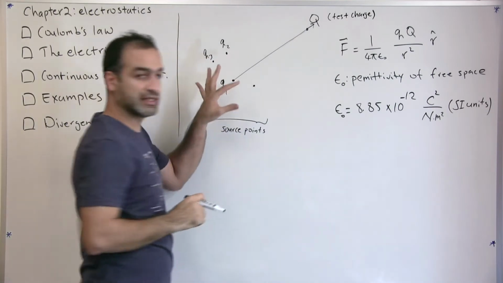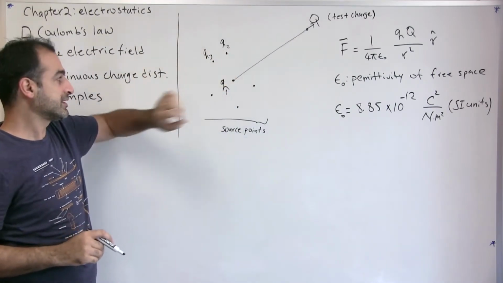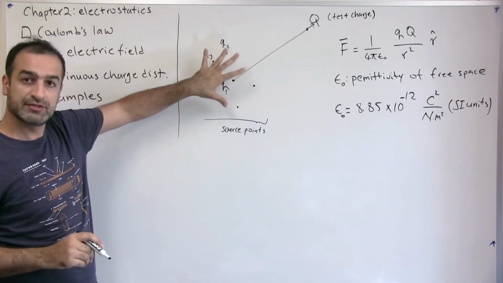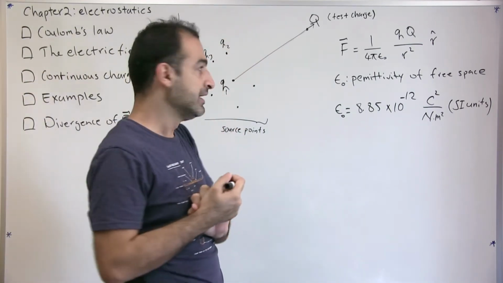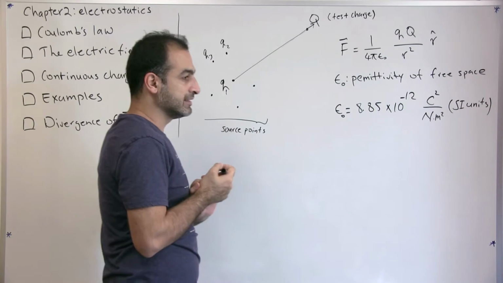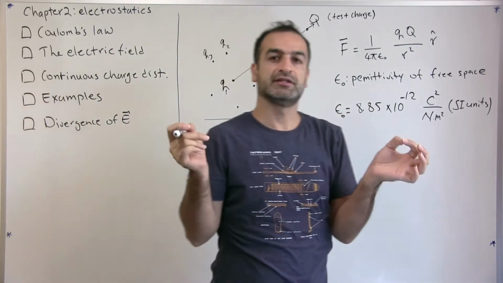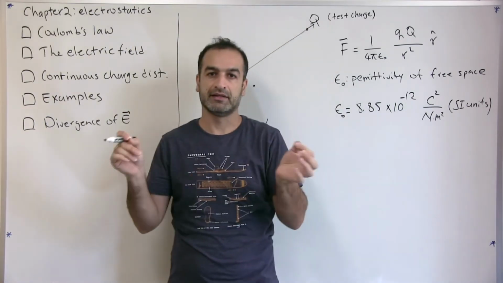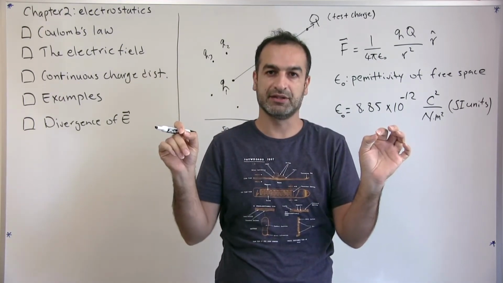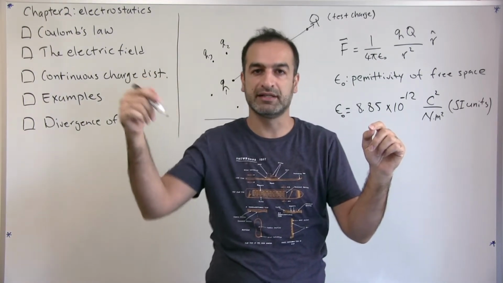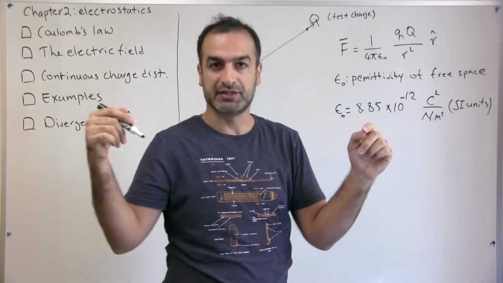I want to look at what kind of forces are exerted from these source charges on that specific test charge. The nice thing is that the way electric charges interact with each other is independent, meaning that any pairwise interaction is independent of the rest of the charge interactions.